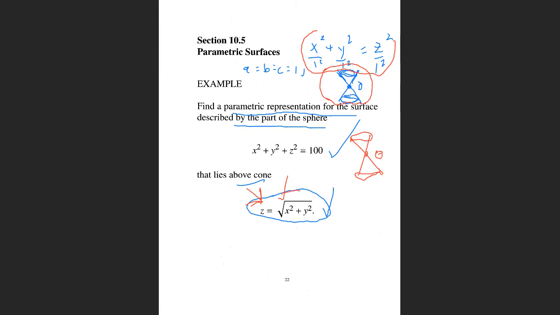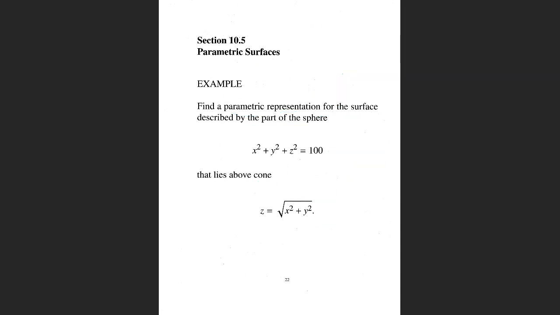Just the top half. Good. Why is it just the top half? That's right. We have a positive radical here. So if we were to take the equation of the general cone and square both sides, we would get plus or minus the square root of x squared plus y squared, right?